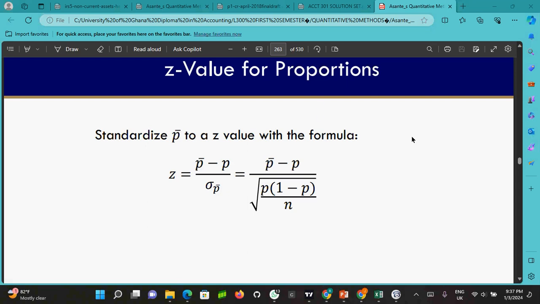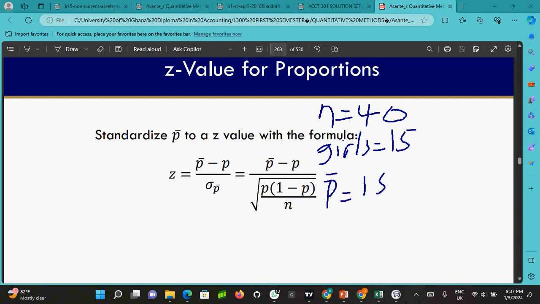So the sample size is 40, and the number of girls is 15. To find the proportion, it is the girls we are looking for, 15, all over the total, which is 40. So basically, this is how the P proportion is computed.